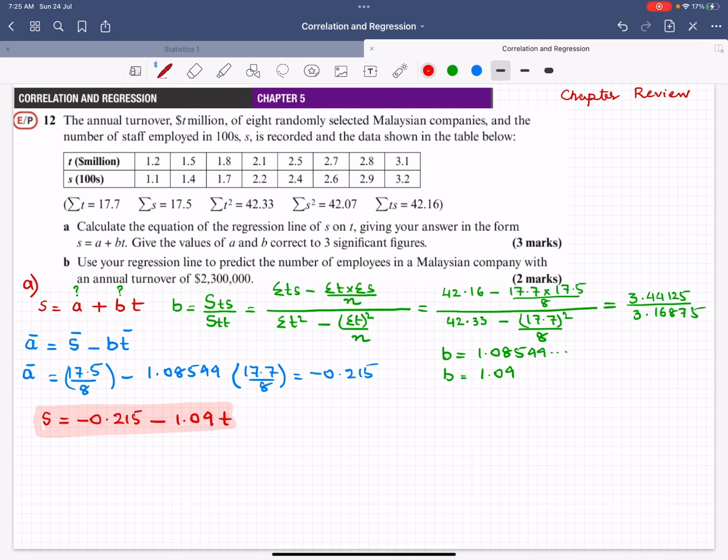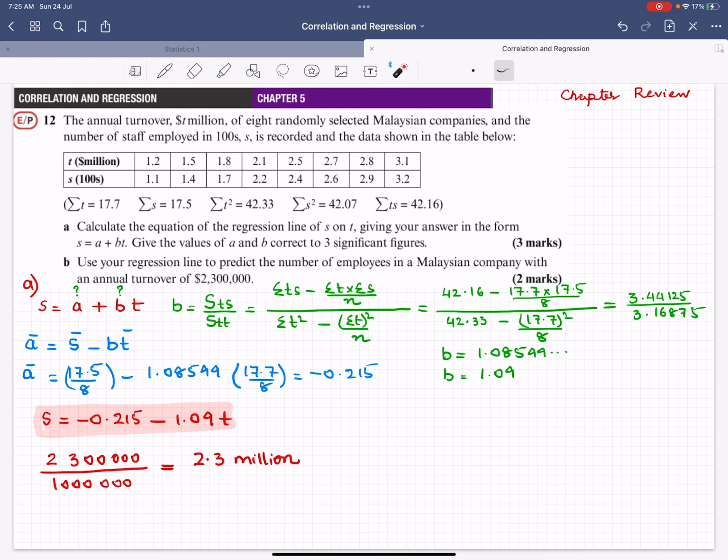We have the value 2,300,000. So if we want to convert this value into million, we will divide it by 1 million and we get it as 2.3 million. This is because the value that we substitute for turnover, which is T, has to be already in millions.